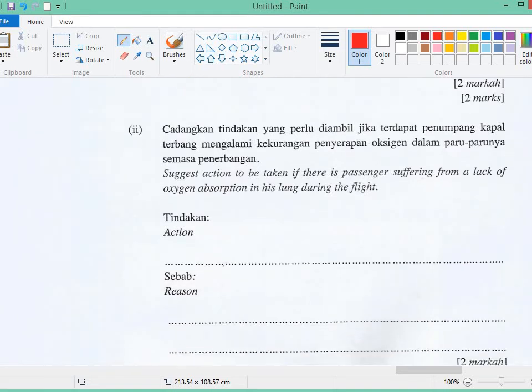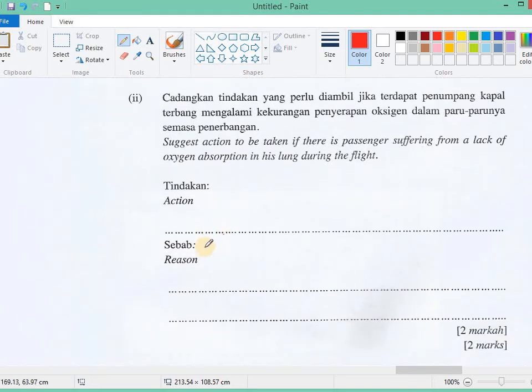Okay, suggest action to be taken if there is a passenger suffering from a lack of oxygen absorption in his lung during the flight. So what should be done is, let the passenger breathe from an oxygen mask or oxygen tank. Okay, oxygen mask.